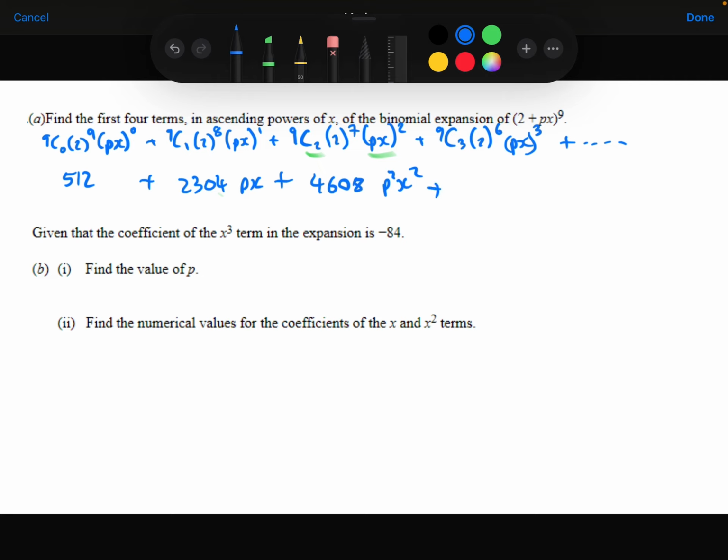And then the fourth term, the 9C3 is 84. The 2 to the power 6 is 64. And then the (px) cubed will be p cubed x cubed.